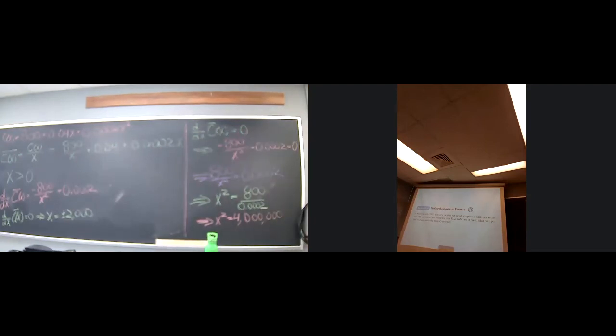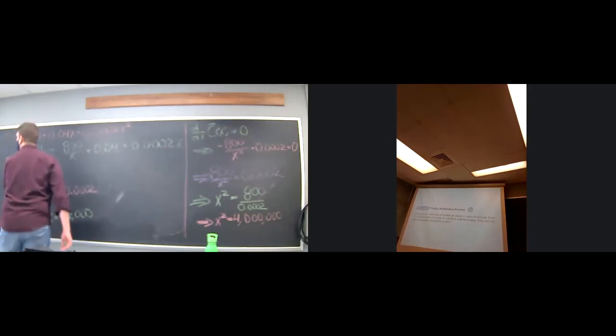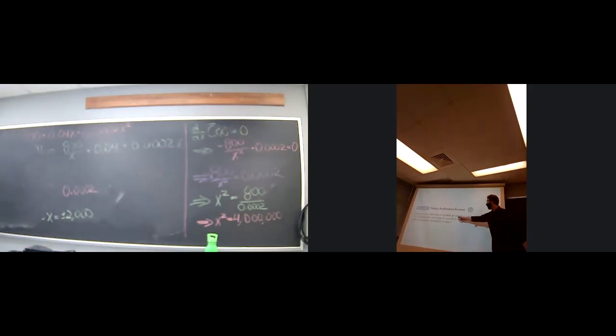For those of y'all at home, what I'm looking at right now is slide 23 of week 6.2. I'm going to jump straight to the next slide because I thought it was going to help and it doesn't. All right, we're going to have to build this from the ground up. What we got is that a business sells 2,000 units of a product a month at a price of $10 each.